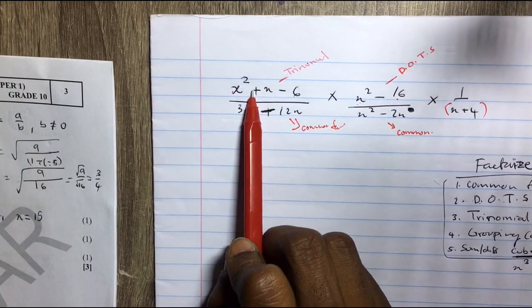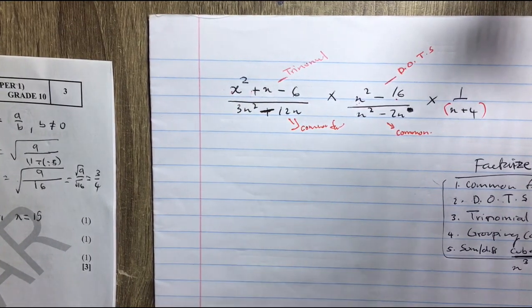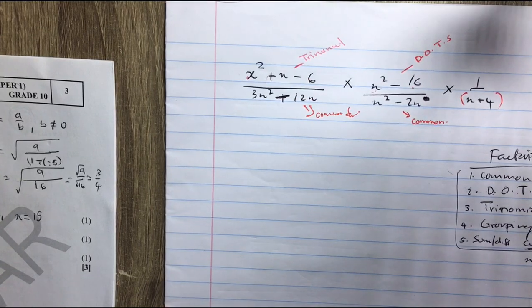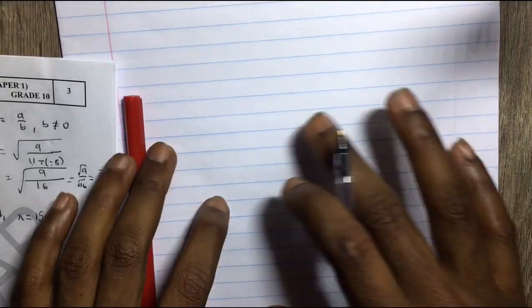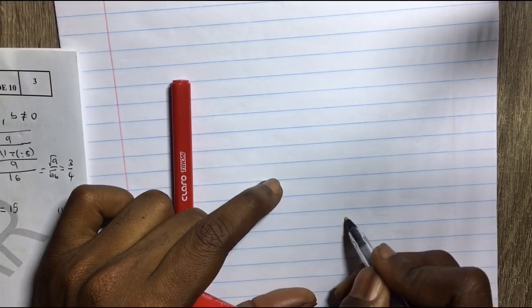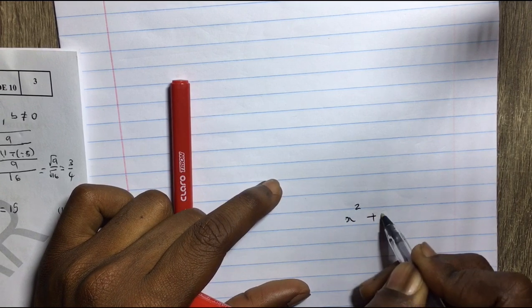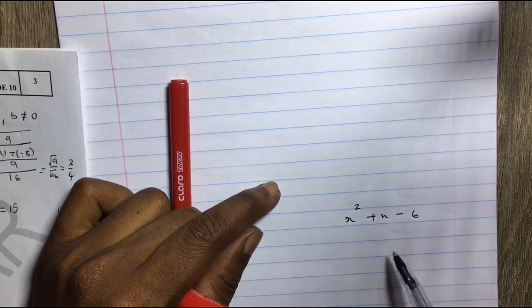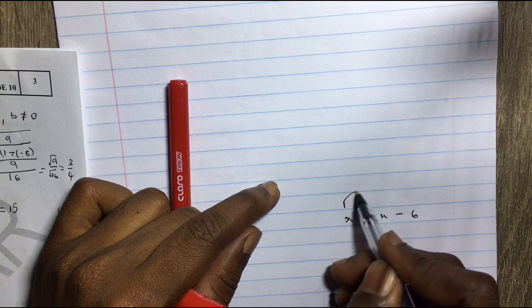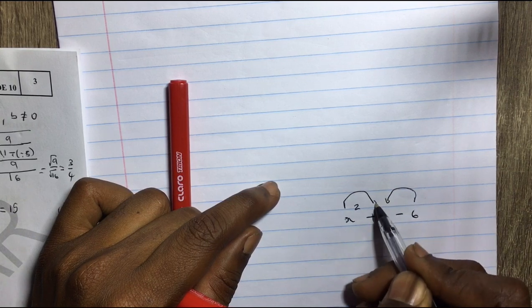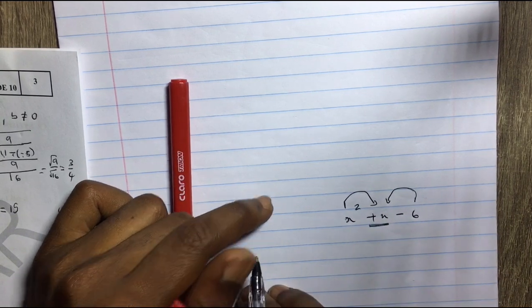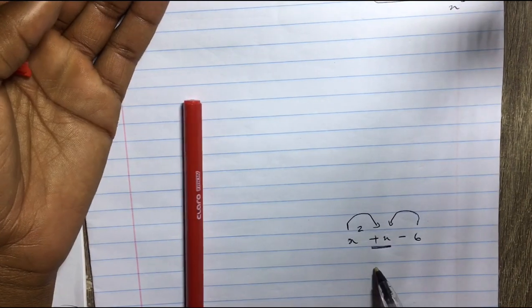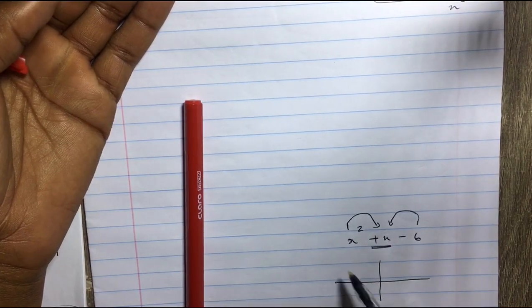So if I factorize, can I just revise a bit on factorizing a trinomial? I want to do it here. Yes. If they give you something like this, remember we said we look at the first term and the last term to give us the middle term. So we're going to do a cross multiplication there.